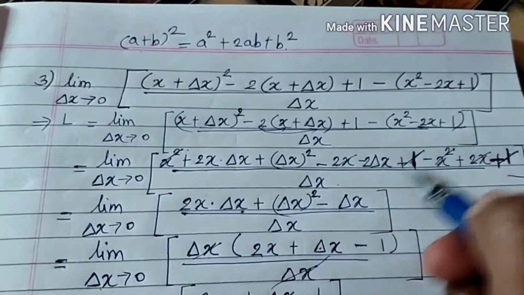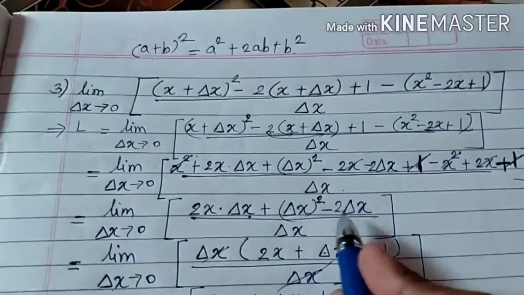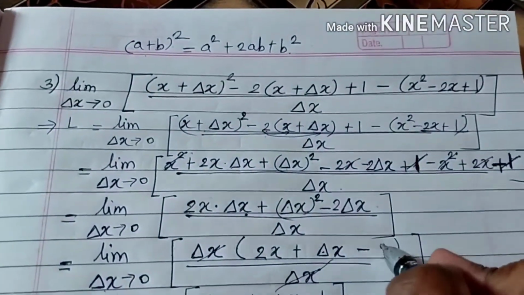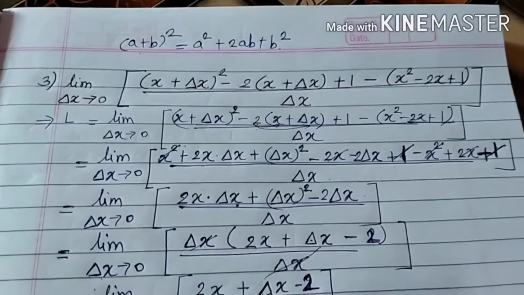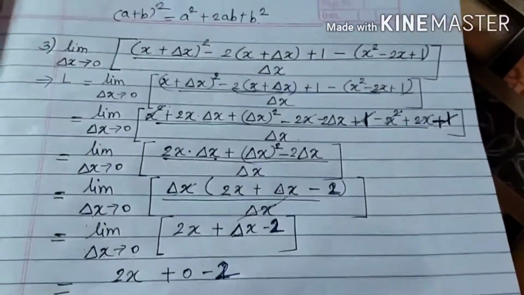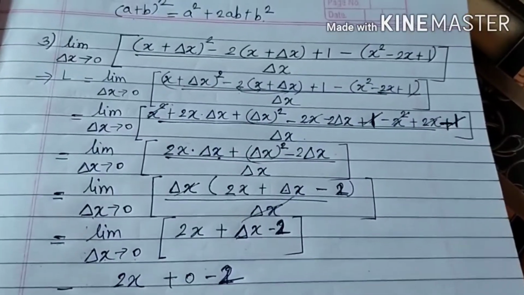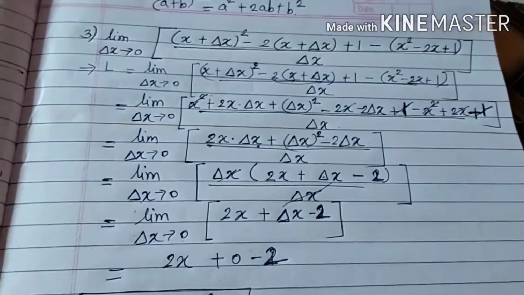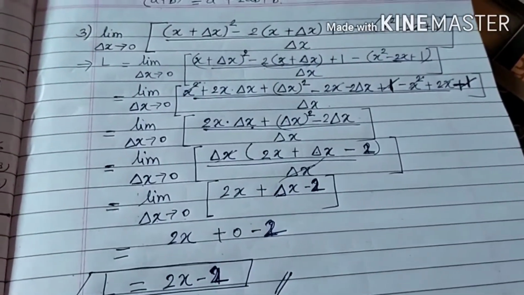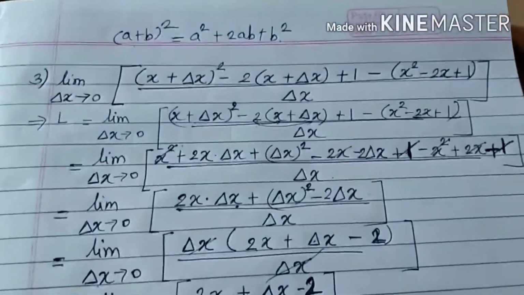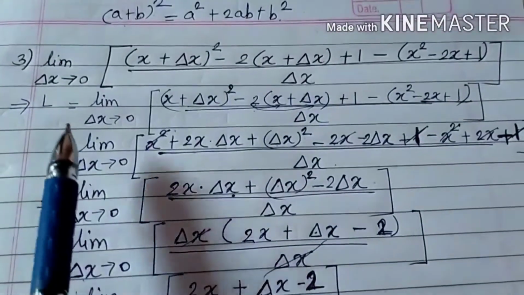So write here 2 delta x. Here is also 2 delta x, and when delta x is common, then the remaining term is 2. So it is minus 2. So our answer is 2x minus 2. Sorry for that mistake.